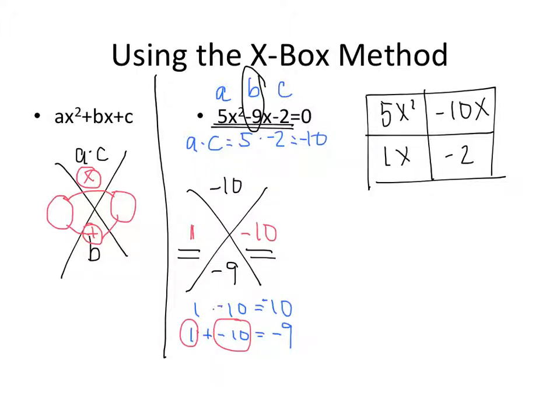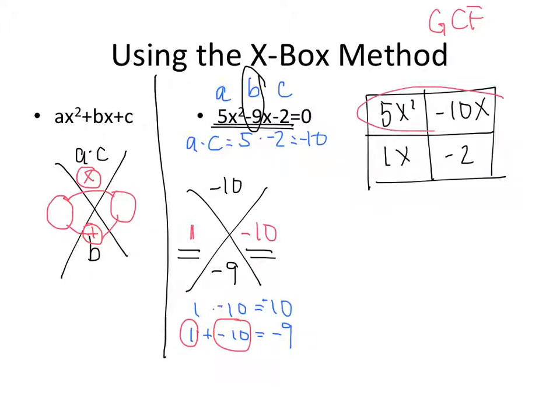The next step on getting what I want on the outside is by finding the GCF. The GCF is my greatest common factor, and that means what do my two terms have in common that's being multiplied. So I'm going to go ahead and start off on my horizontal.